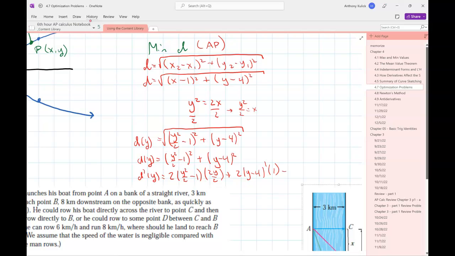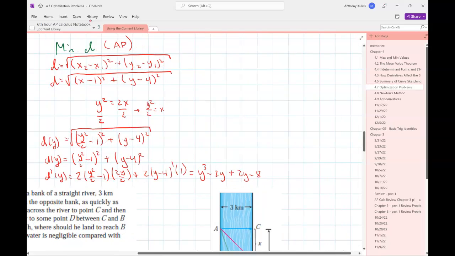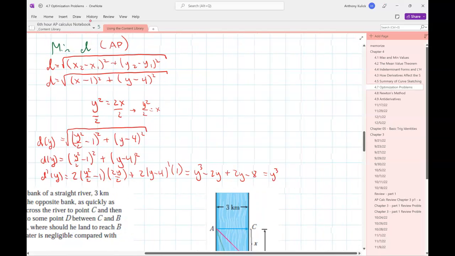And if I simplify this down, what do I got to get? y cubed minus 2y plus 2y minus 8. Or just y cubed minus 8.